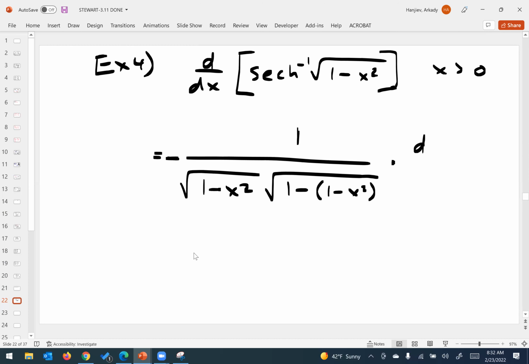Times the derivative of the square root of 1 minus x squared. Okay, this gets heavy. So let's keep on going.